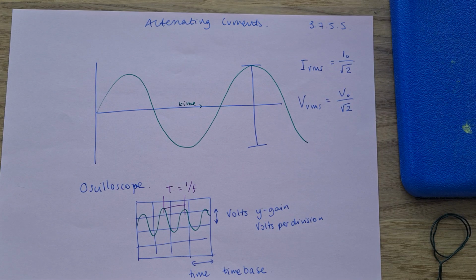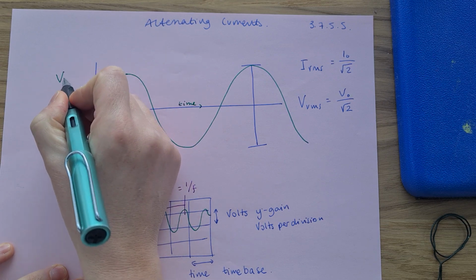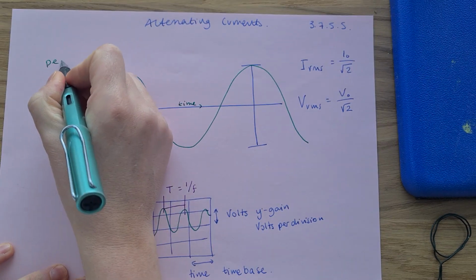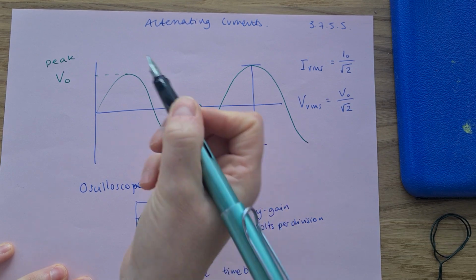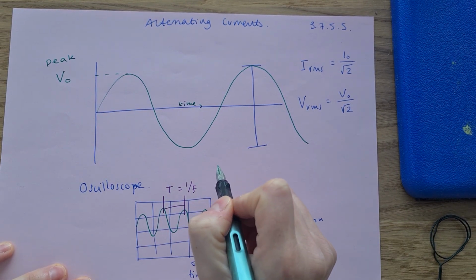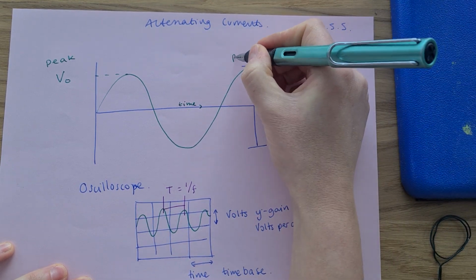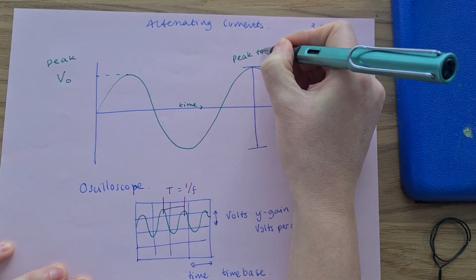So the top value here will be the peak voltage, or V0, or it could be the peak current, I0, if it's a current-time graph. We have a value here, from the top to the bottom, which is called the peak to peak.